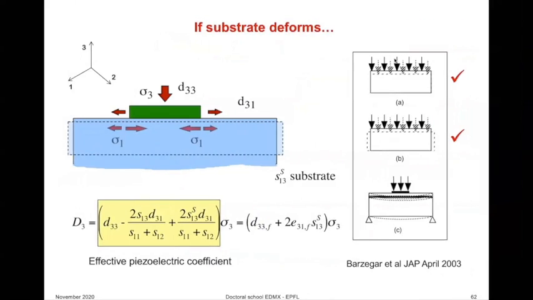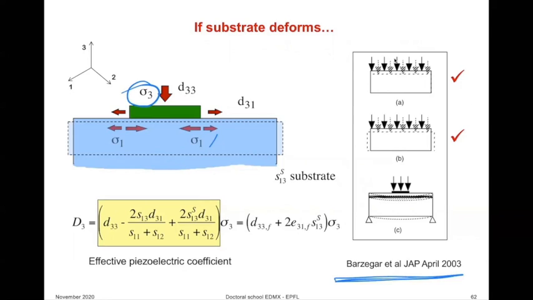If the substrate can move, can deform under this pressure sigma 3 that we are applying, then the situation becomes a little bit more complicated. We will also have forces in the substrate, and this is nicely described in this paper here at EPFL.